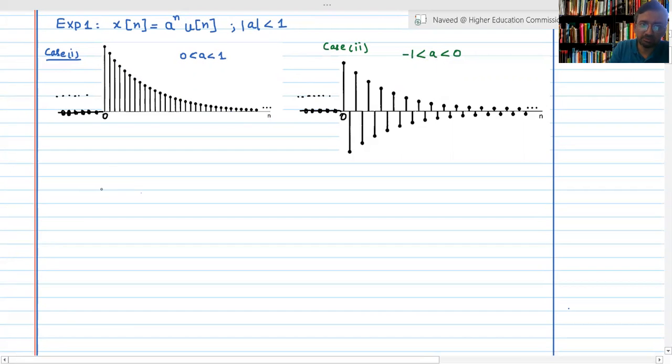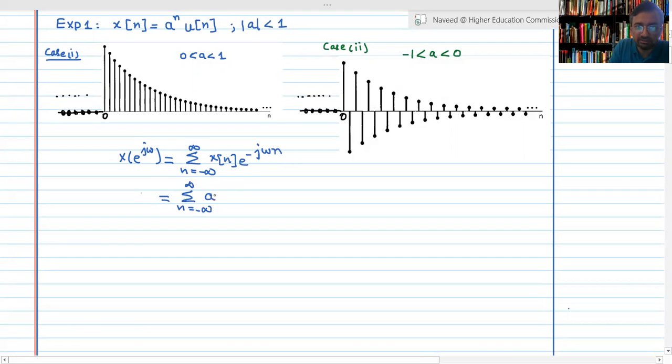Now to compute the discrete time Fourier transform, all we need to do is to use the formula. So here we start by writing the discrete time Fourier transform formula. x[n] e raised to minus j omega n, and then we put the value of function here, n equal minus infinity to infinity.